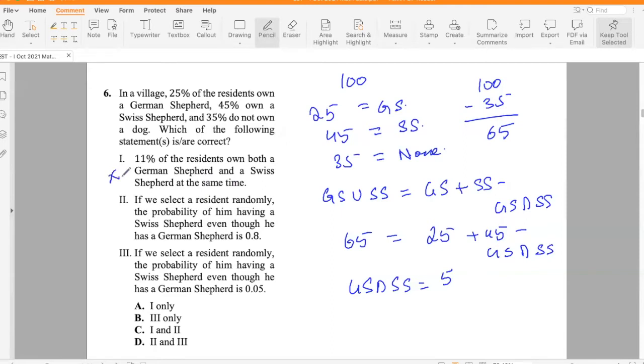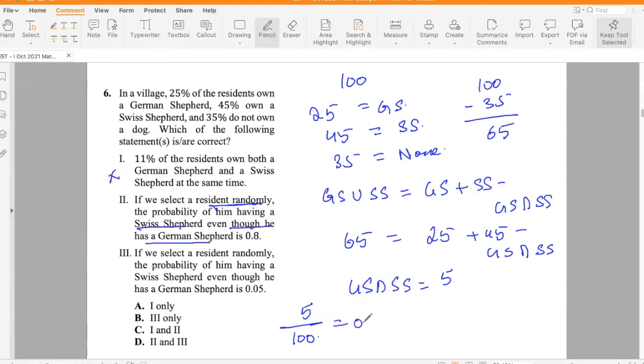If we select a resident randomly, the probability of him having a Swiss Shepherd, even though he has a German Shepherd, is 0.8. Okay, so if we select a resident randomly, which means that my denominator is going to be 100 because I'm choosing any resident, and the probability of him having both would then be 5/100 of him having a Swiss Shepherd when he already has a German Shepherd, right?